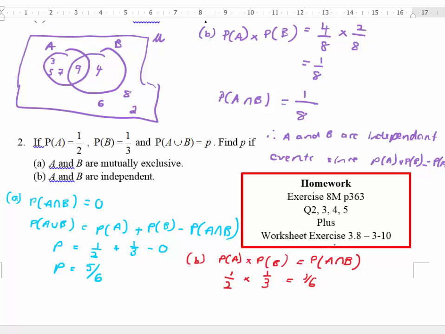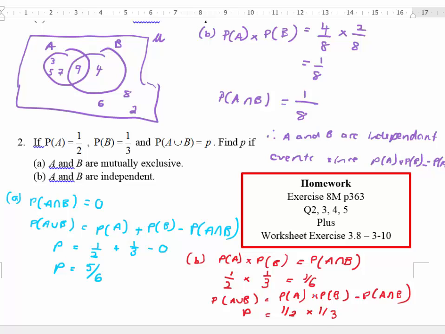So now we know what the intersection of A and B is, so we can go back and use that same formula that we've used over here, that the probability of A union B equals the probability of A plus the probability of B minus the probability of the intersection of A and B. We know that A union B is P. The probability of A is a half in this case, and B is a third.